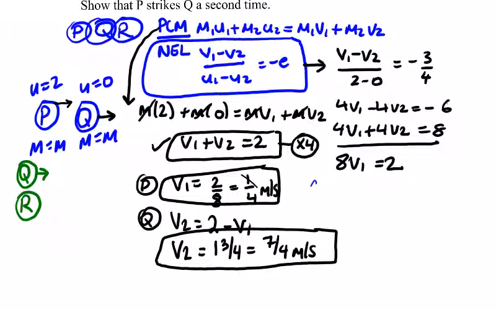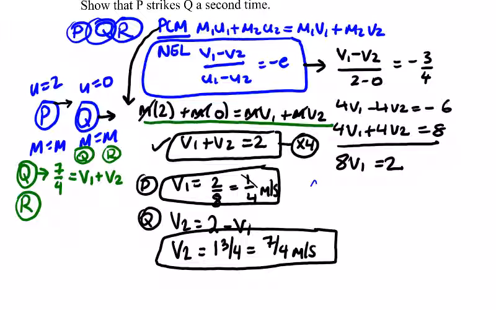If we divide by m, this speed of Q, which is 7 over 4, is equal to, if we call them v3 and v4, we can just call them v1 plus v2 again. So we have Q and R.